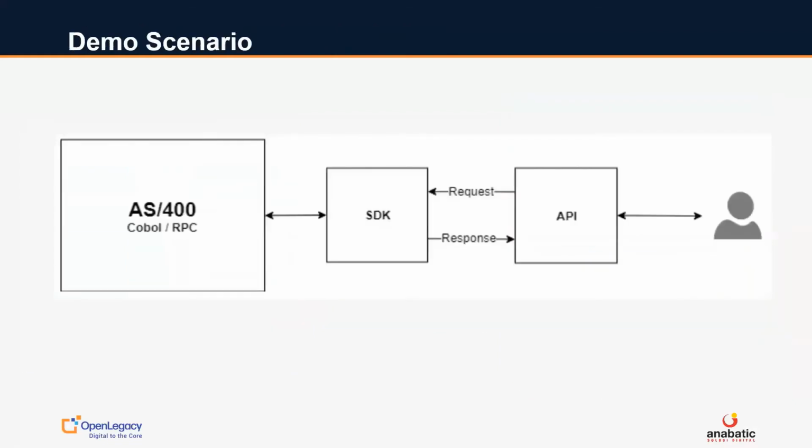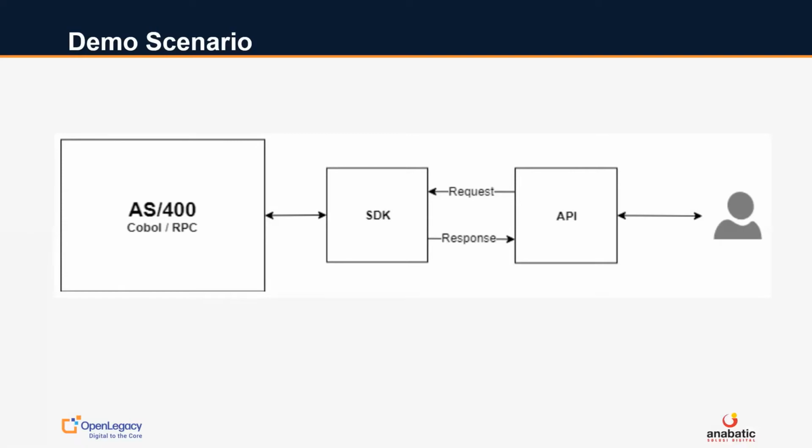So this is the demo that I'm going to show. As I mentioned, there are two parts to our solution. One's the SDK part that allows us to connect to the AS400 application. The other part is the API, where we get the request from the users of another application. Then the SDK will translate the request to AS400 connectivity to the program or asset running on the AS400.